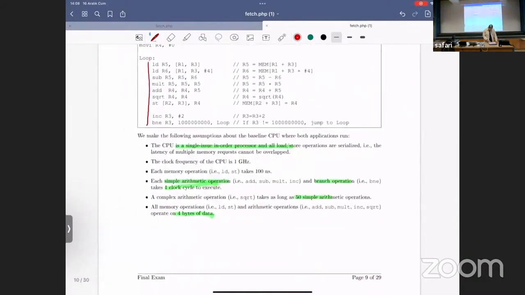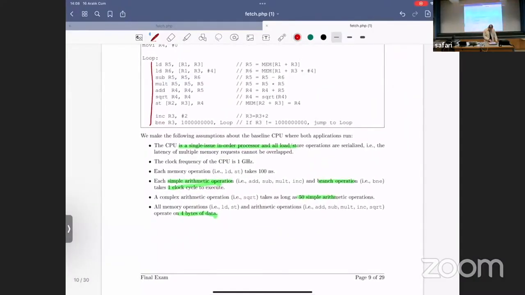And if you go back to the latencies here, the latency of the memory operation is 100 cycles.